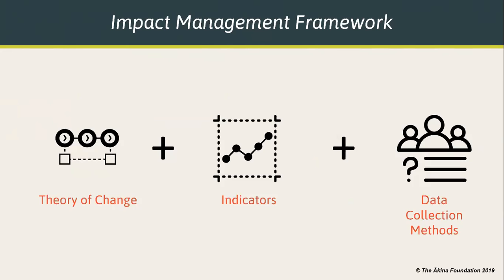So the theory of change is the model that outlines the plan for what the organization is going to do and how that will lead to impact. In your framework, then you'll develop a measurement framework that includes indicators, which will let the organization measure if they're achieving their goals. And finally, the framework will include a plan for how the organization can collect, store, and analyze their data on those indicators.